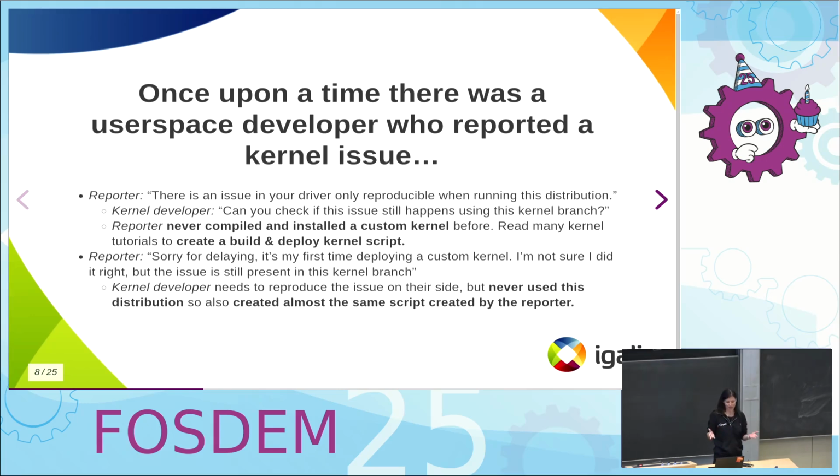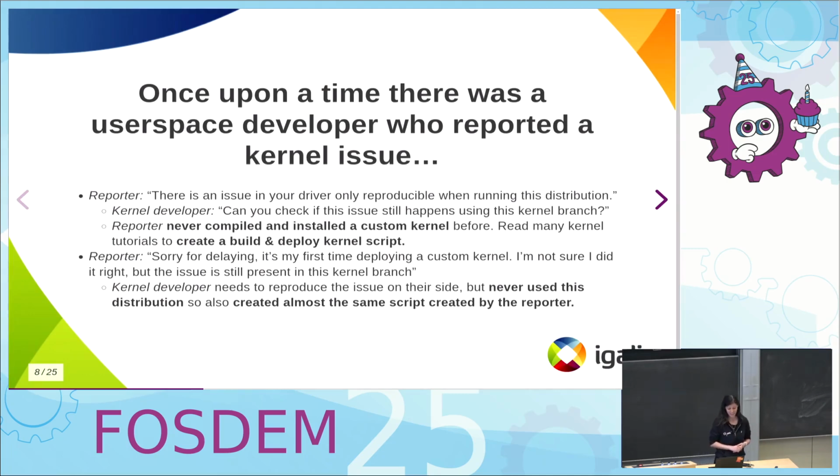And the reporter never compiled and installed a custom kernel before, so they needed to read many kernel tutorials and documentation to create a build and deploy kernel script. Then finally, the reporter managed to check if the latest version of this branch is better or not, and then they just say, sorry for delaying. It's my first time deploying a custom kernel, and I am not sure if I did it right.